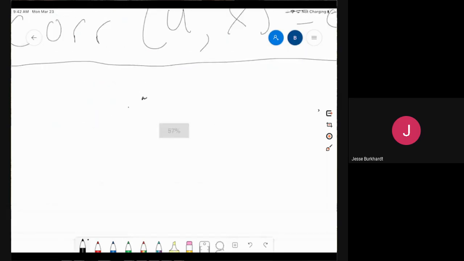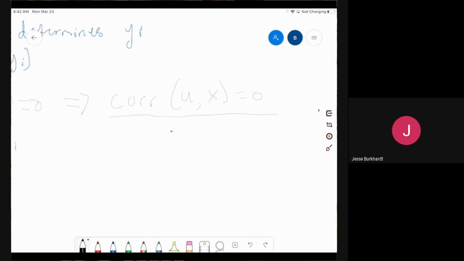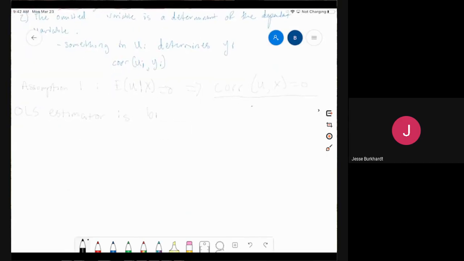The OLS estimator is biased and inconsistent.